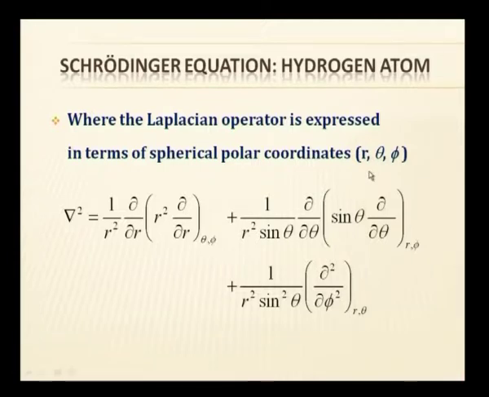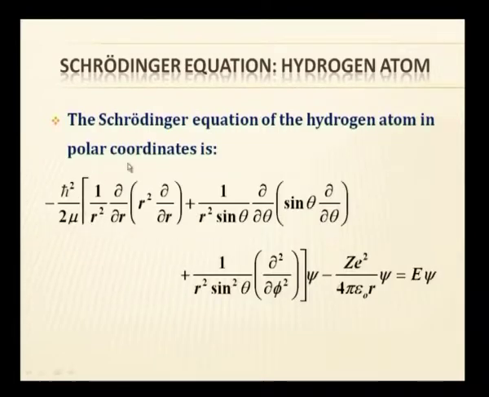Therefore, when you substitute this expression for del square, the whole thing will become of this kind. Of course, you will be having h bar square by 2 mu outside, then del square in terms of r, theta, phi. This del square operates on psi, then the potential energy also will be multiplied by psi, that gives the E into psi, that is the Schrodinger equation.